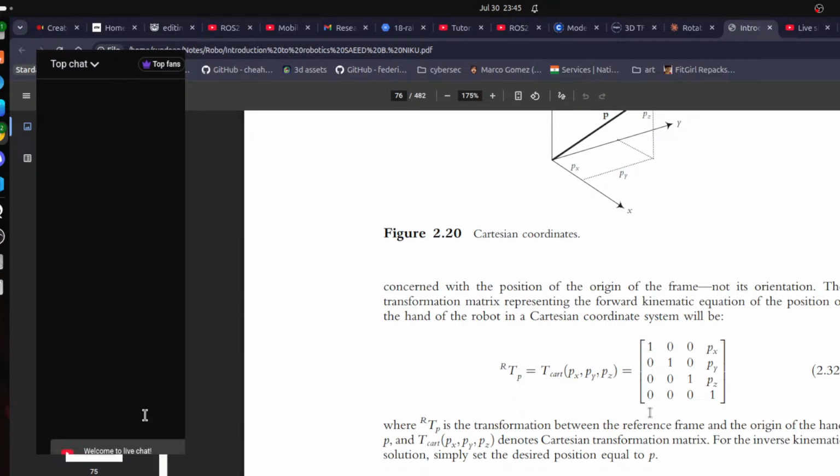The position and origin of the frame give its orientation. We actually want to conclude what transformation matrices actually are.